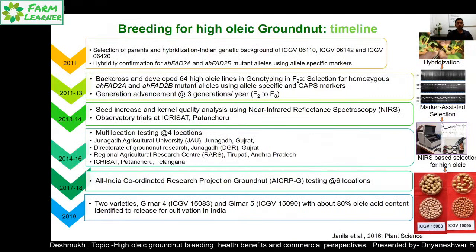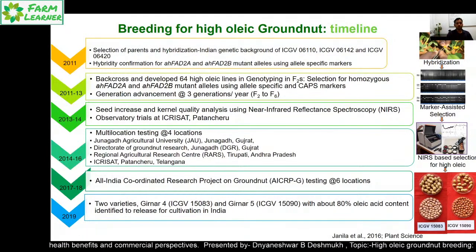So that's how the breeding for high oleic groundnut started in ICRISAT back in 2011, where the selection of parents was very key. Looking at the Indian scenario, three parents were involved for the introgression. ICGV stands for ICRISAT groundnut variety.